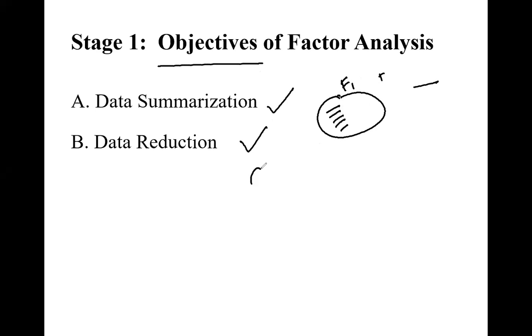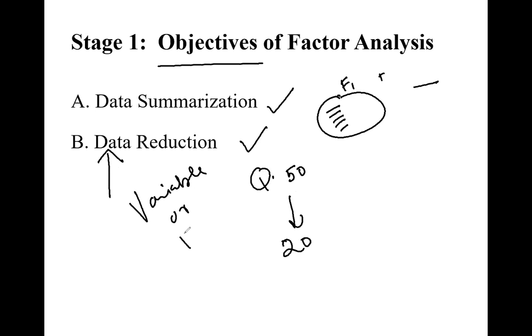Data reduction means we take 50 or 60 or 40 questions, use EFA, and it reduces the number of questions. Data here means variables, items, or questions; all are the same thing, or you can call them statements.